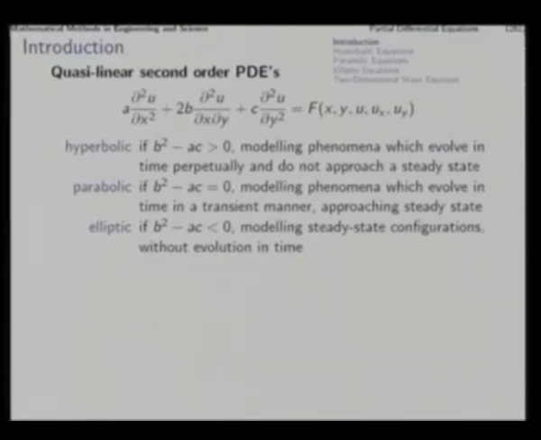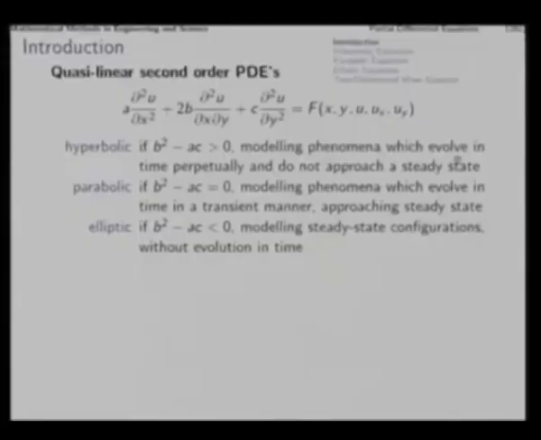Such phenomena are typically modeled with hyperbolic equations, and as we study the solutions, we will see that the nature of solutions confirms that. These systems perpetually evolve in time and they do not approach a steady state. So, such equations are typically modeled through a hyperbolic differential equation.